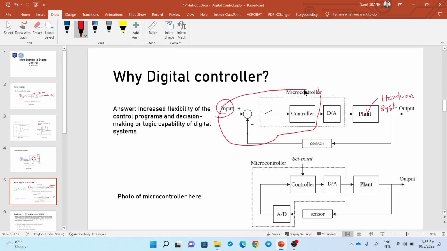Yeah, around here. Yeah, in many cases the digital to analog converter is outside. In some case the computers only take this part, but in some case, like for example microcontroller, the digital to analog converter is also included within it, okay.